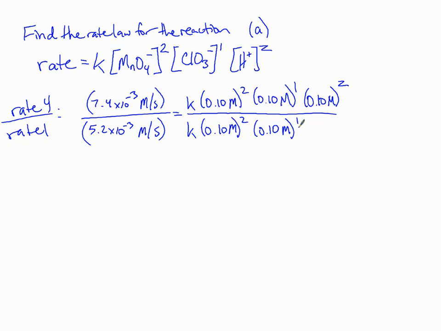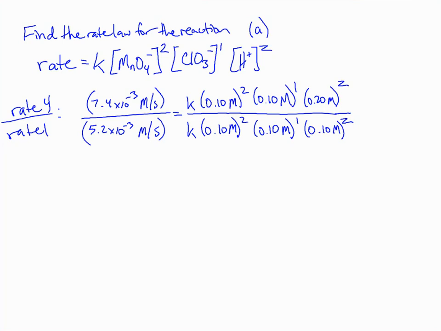And you know what, we need to fix this. The concentration for rate 4 for hydrogen was 0.20 molar, and in rate 1, it was 0.10 molar. And that's to the Z power.